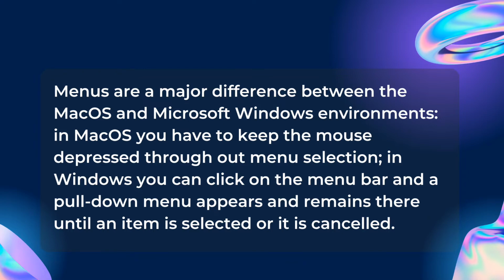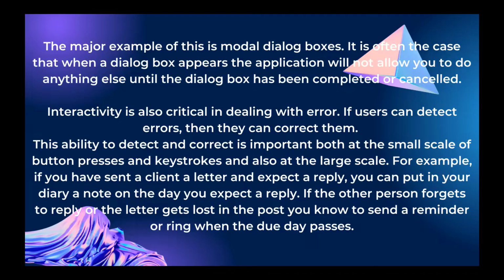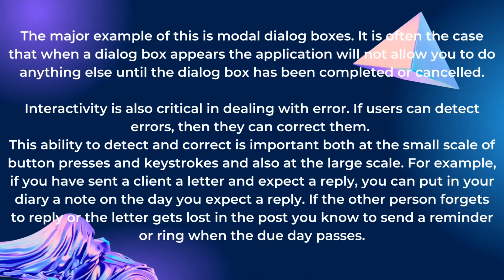In Windows, you can click the menu bar and a pull-down menu appears and remains there until an item is selected or it is cancelled. The major example of this is modal dialog boxes. It is often the case that when a dialog box appears, the application will not allow you to do anything else until the dialog box has been completed or cancelled.